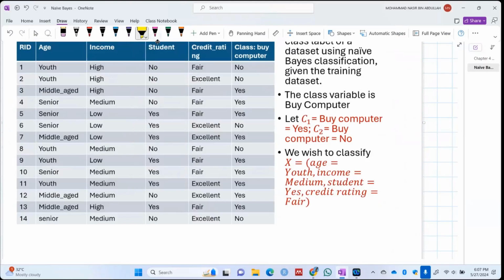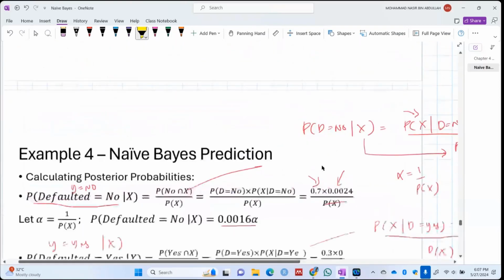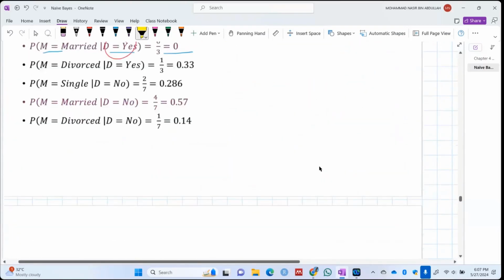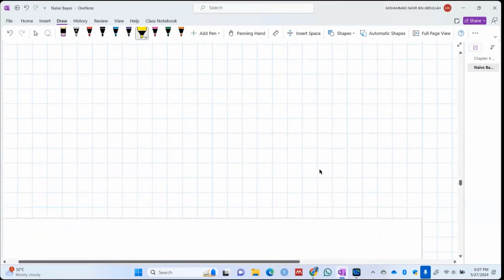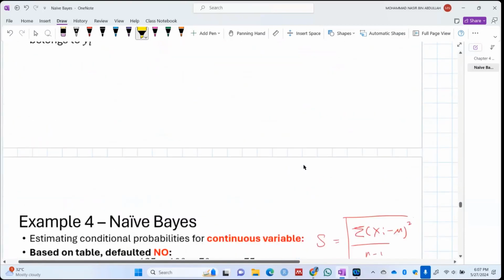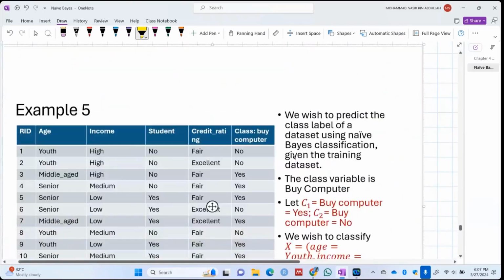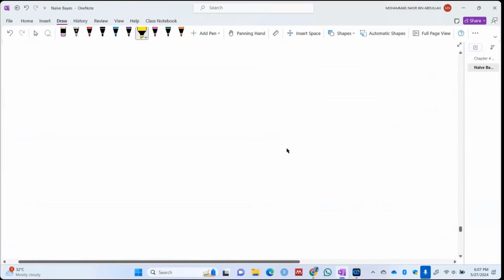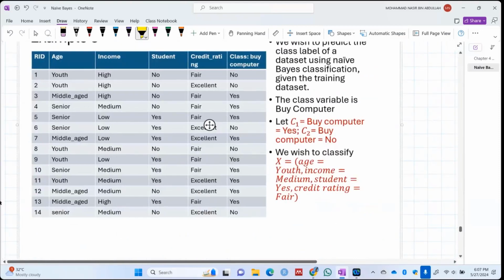By default, you need to do a cross tabulation table, just as I showed before, to find the value of the class conditional, but we try to focus on the objective.